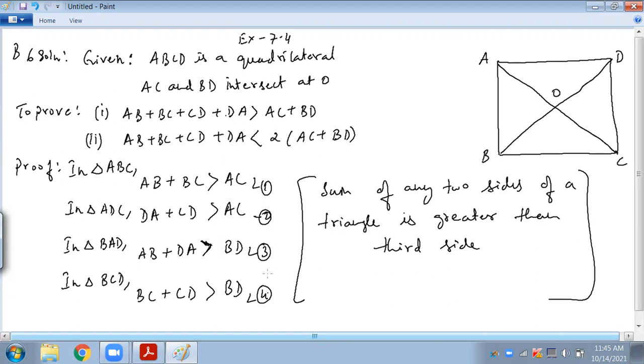Now, if we add these 4 inequalities together, on the right hand side we'll get AC and BD, and on the left hand side we'll get the 4 sides of the quadrilateral. So let's add them and see what we get. Now I need to rub the first part, so I'm rubbing it.